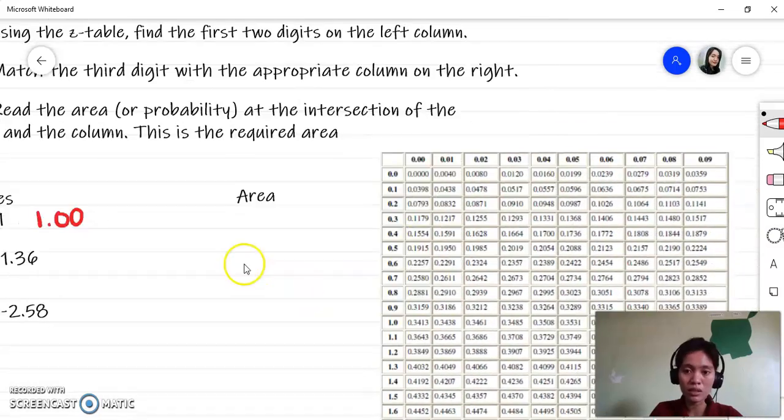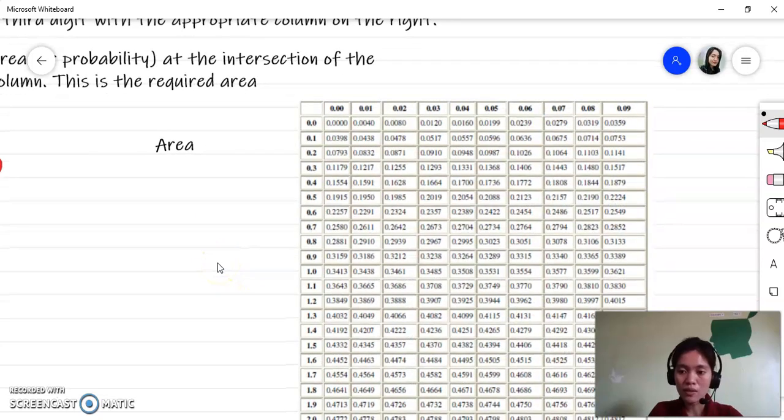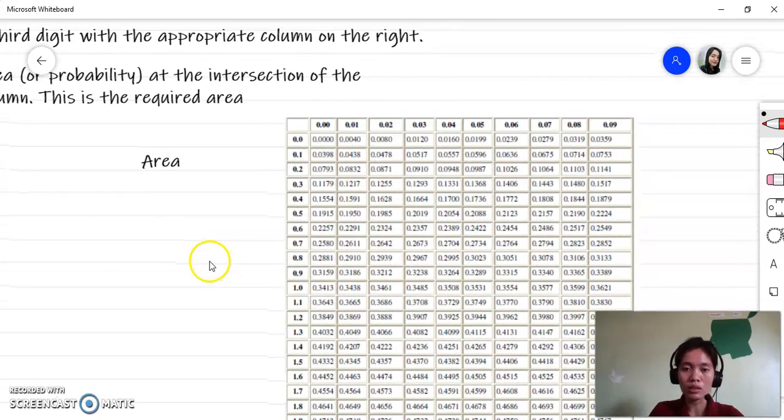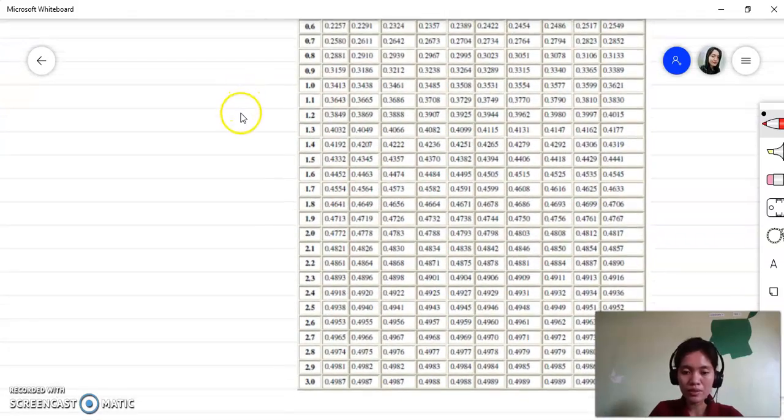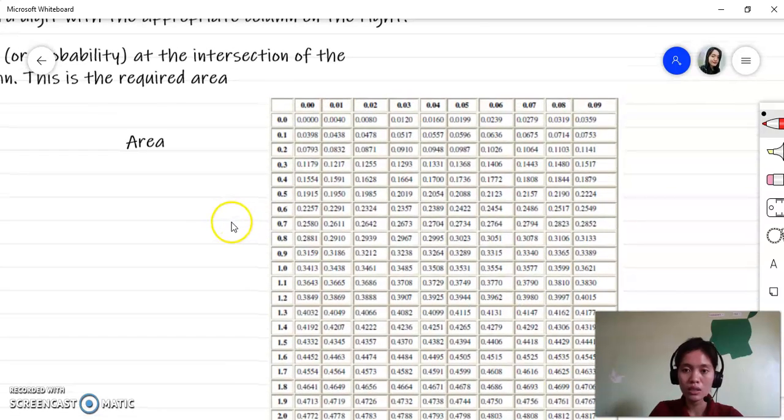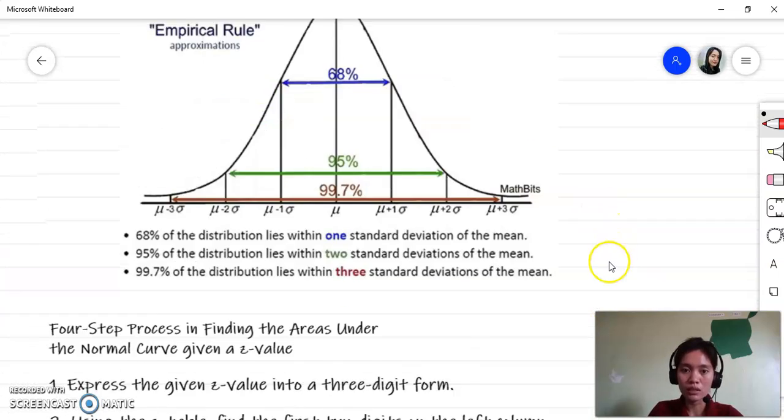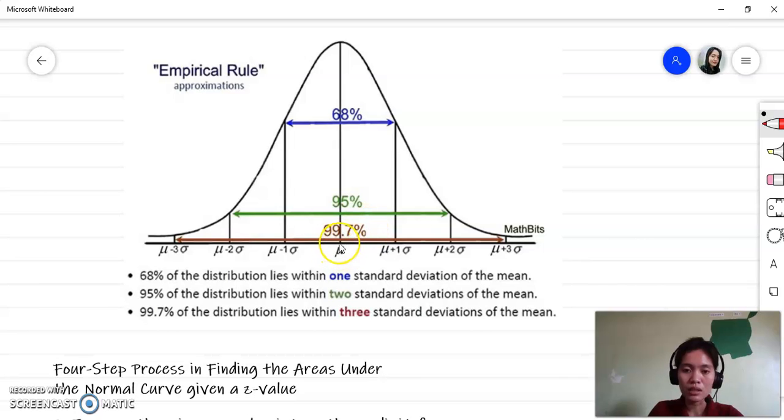Here is the z-table, and our z-table is from z equals 0 to z equals 3, positive z values. For the negative z values, the equivalent areas are the same. Why? Because the normal curve is symmetrical at the center.